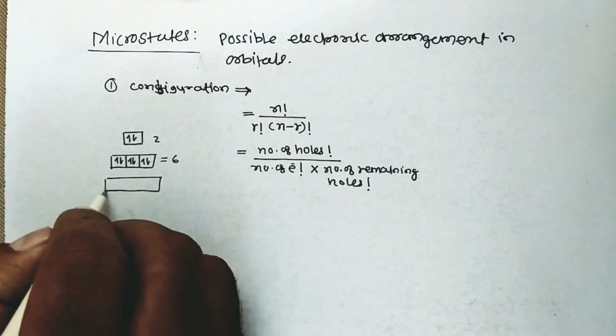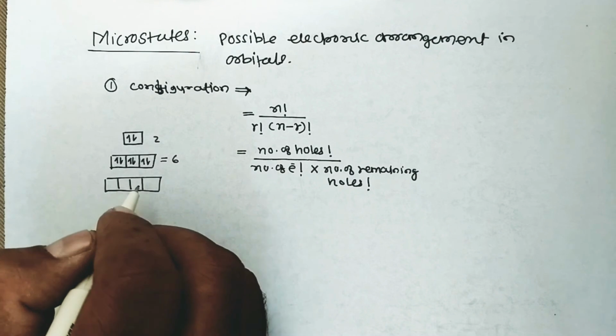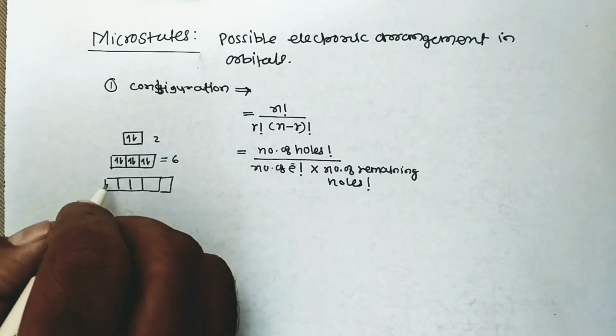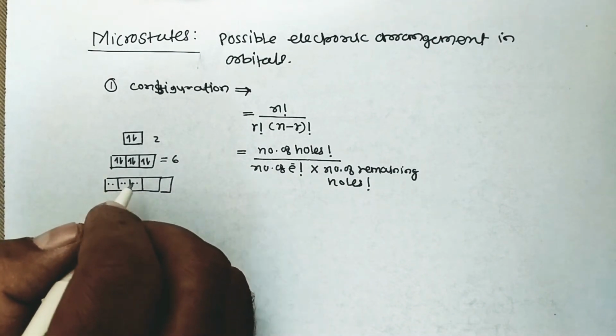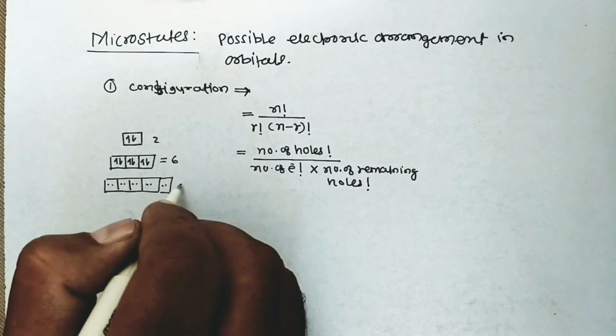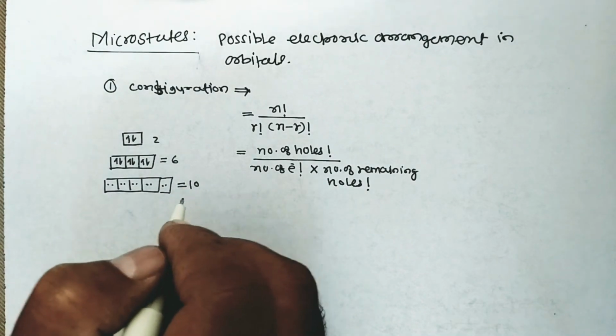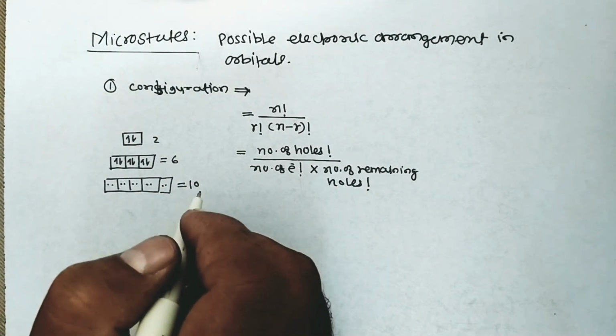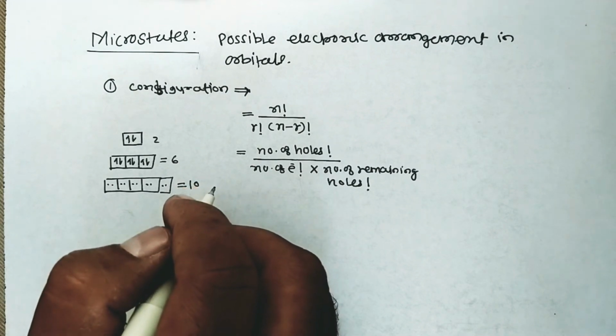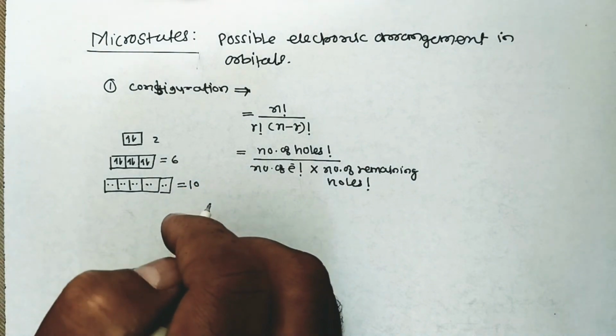In d orbital there are 5 suborbitals and each orbital can contain 2 electrons, therefore there are 10 holes. Holes means a space where an electron can be present.